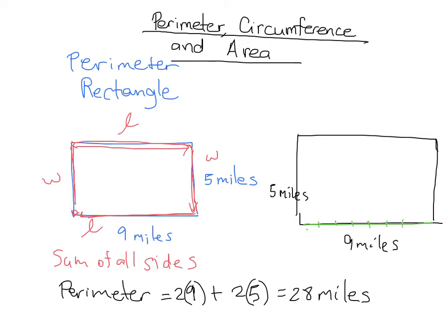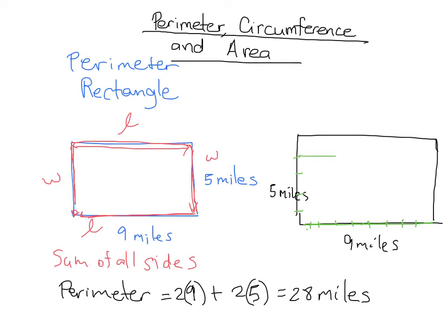So 1, 2, 3, 4, 5, 6, 7, 8, 9, something like that, right? So we have 9 miles going that way, and just pretend with me for a second, this is to scale. It's terribly not to scale, but that's okay. So we have 1, 2, 3, 4, 5 miles on the side.